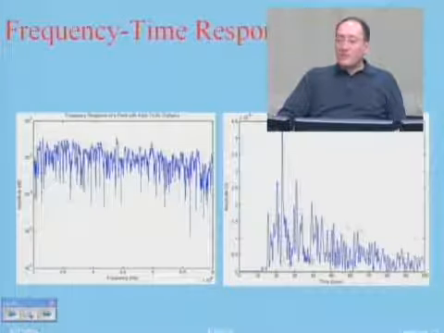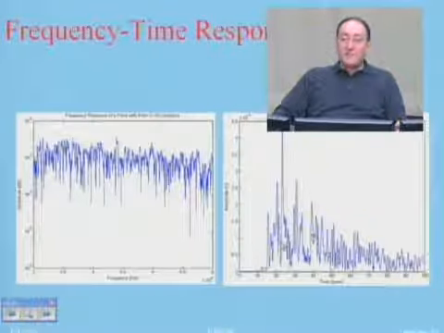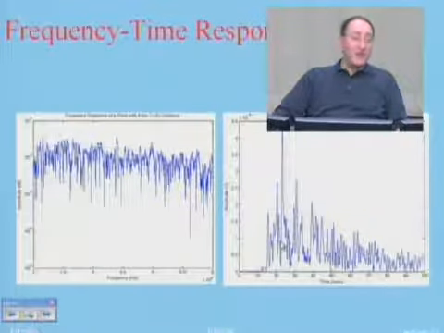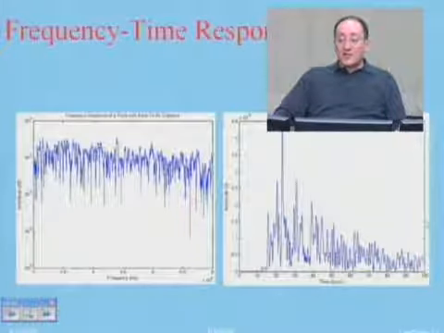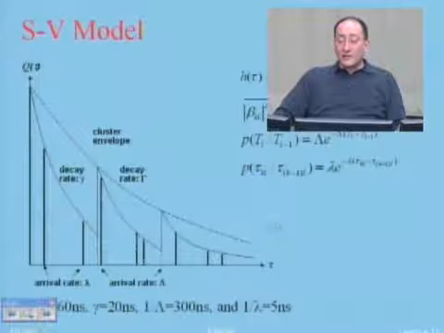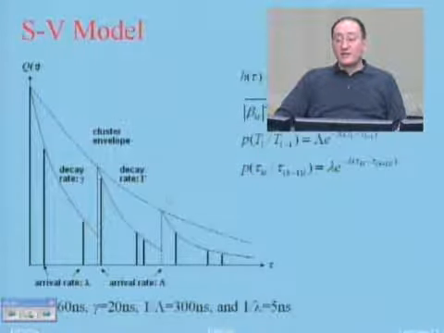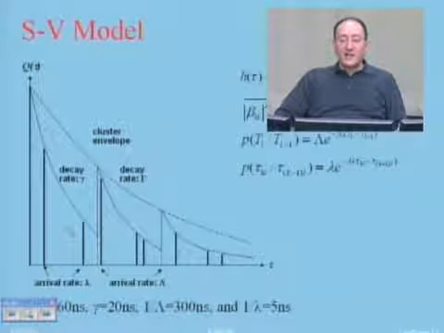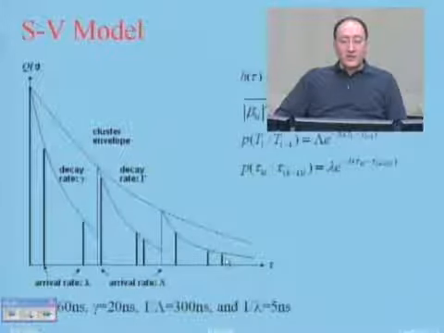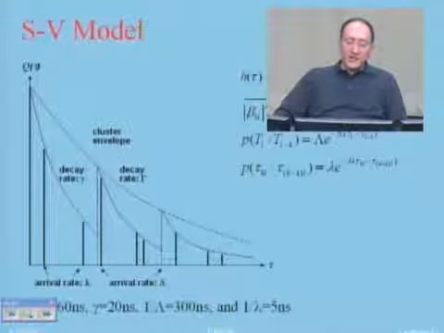For these paths, the model which fits better, or that people have resorted to, is back to the Saleh-Valenzuela model, the SV model. You remember that the Saleh-Valenzuela model was something like this. I have a bunch of clusters, and within the clusters, I have these rays. This model actually is not recent. It was published in 1987.